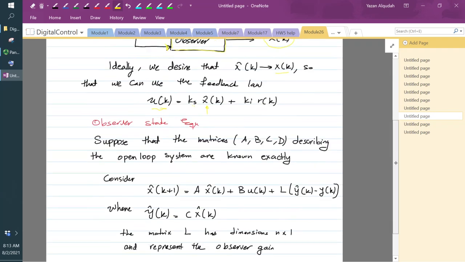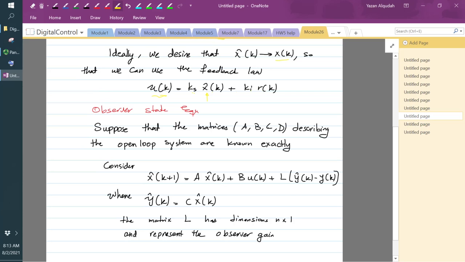Okay, so let's look at the observer state equation. Suppose we have the matrices A, B, C, D describing the open loop system, and they are known. I model the system, and I know exactly what the matrices that represent the system are.